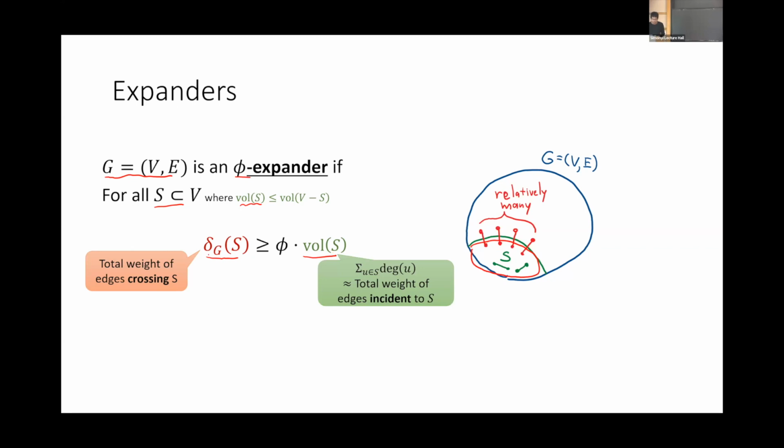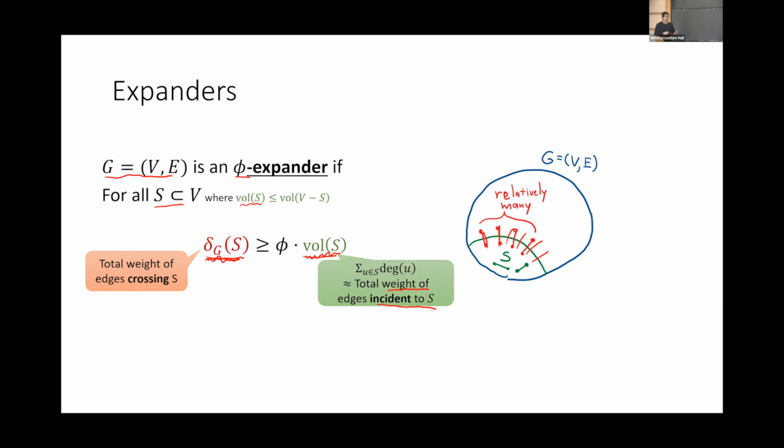The cut size of S counts the total weight of edges crossing S. The volume of S is just the sum of the degrees of every node inside S, which is really the sum of the weight of edges incident to S.